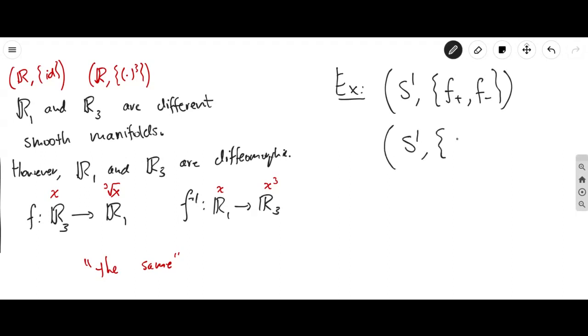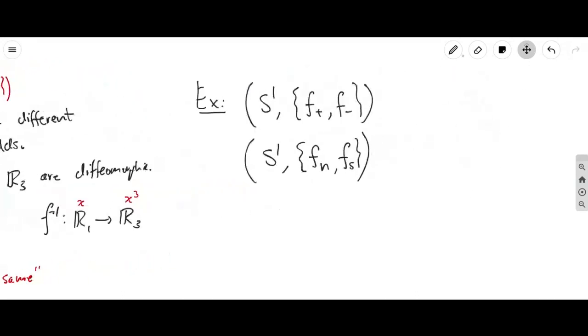You can use stereographic projection from the North Pole and stereographic projection from the South Pole. So the unit circle, this is one type of atlas, and this is another type of smooth atlas, and it's not very difficult to check. You can come up with a diffeomorphism, so these are going to be diffeomorphic to each other in the end.